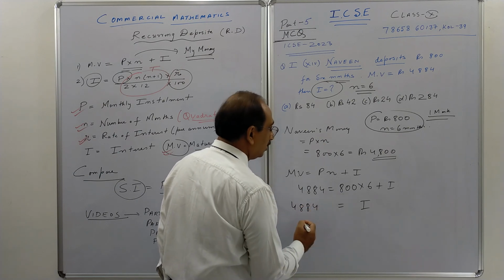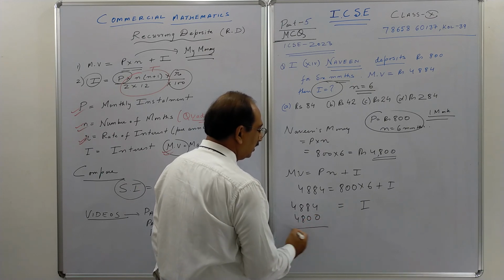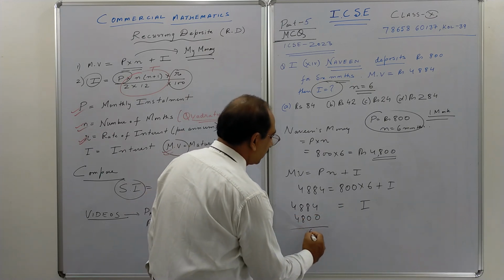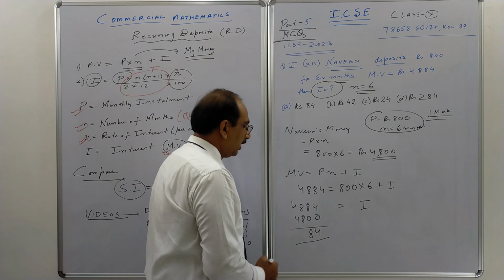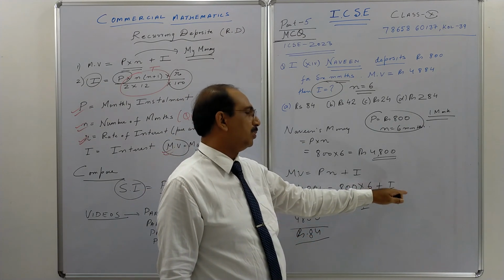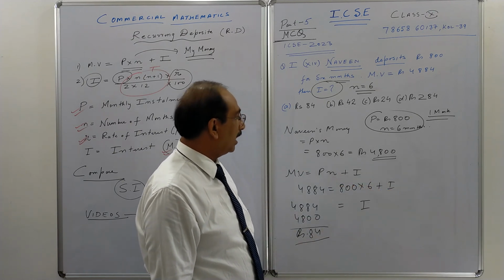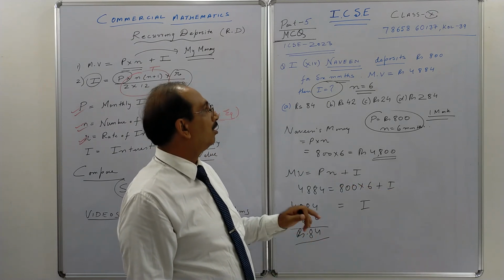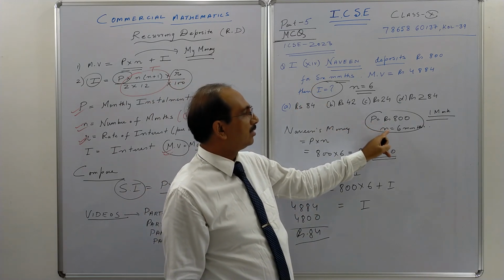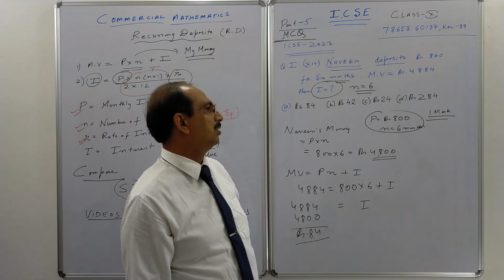4884 minus, if you see, this is 4800. It is his money. So when you subtract, children, 84 rupees is the interest. So see, this is 4,800 plus 84, so here 4,884. So interest paid by bank is rupees 84 when Naveen puts rupees 800 for 6 months in the bank.